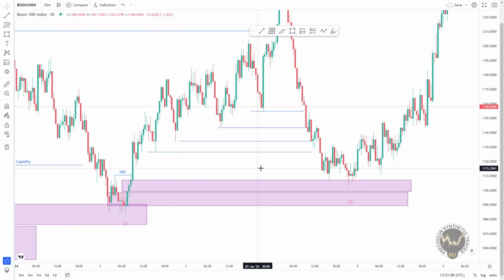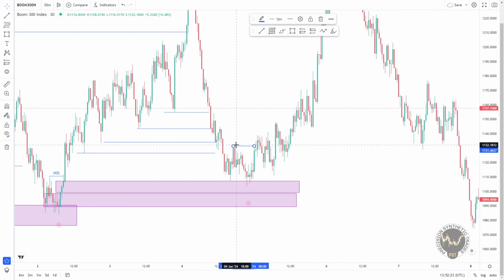Same thing here. This high, liquidity got taken, tapped into our point of interest, market structure shift, and we are in an uptrend.